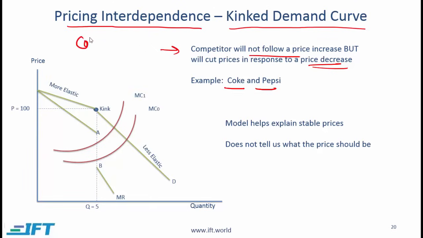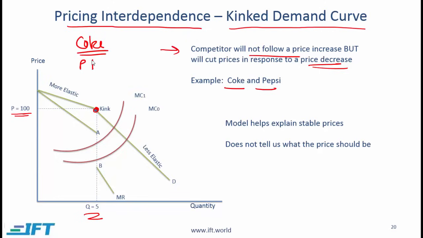Let's consider the Coke perspective. So we have the demand curve for Coke. Assume that initially the price of a 1 liter Coke bottle is 100 rupees and the quantity is 5,000. And say we are at this point.